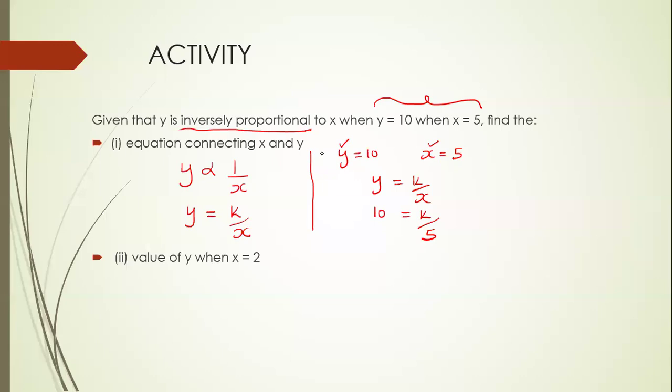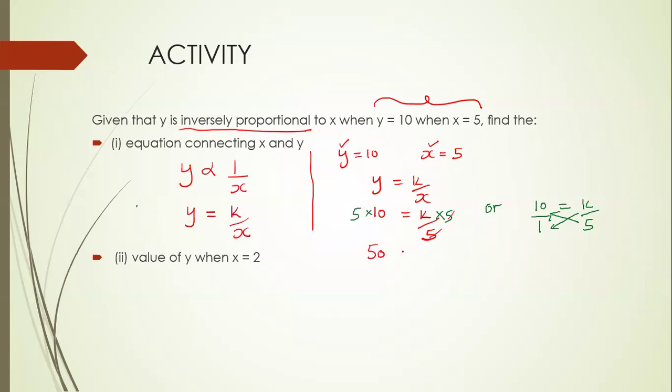Some of you prefer multiplying both sides by 5. Or some of you may prefer saying, why don't I cross multiply? But here you remember there is a 1. So whatever approach you use, you get the same answer. So what are we going to have? 5 times 10, I'll have my 50 here.